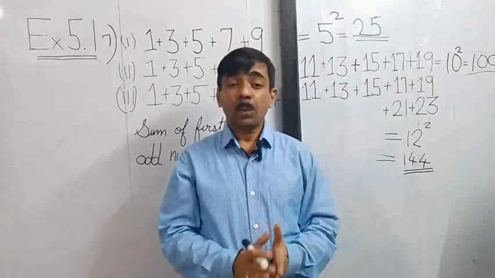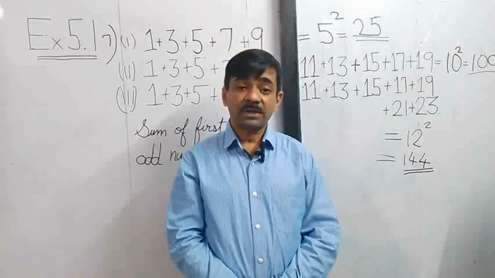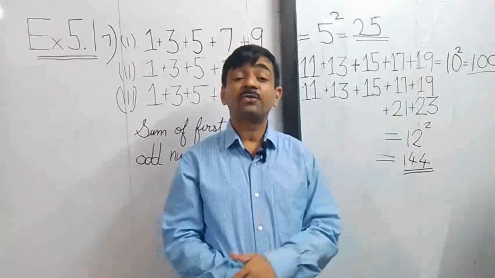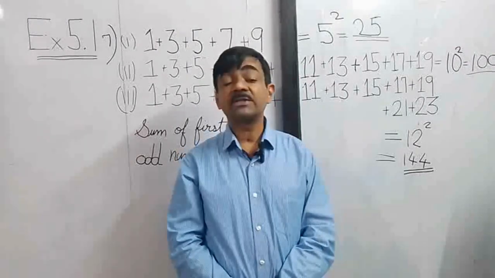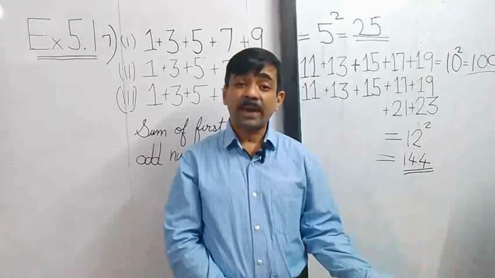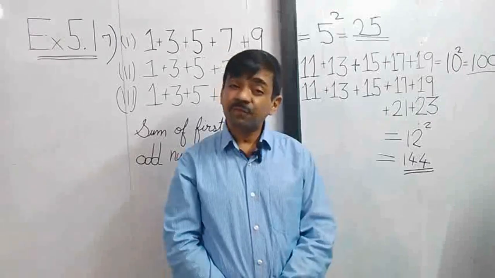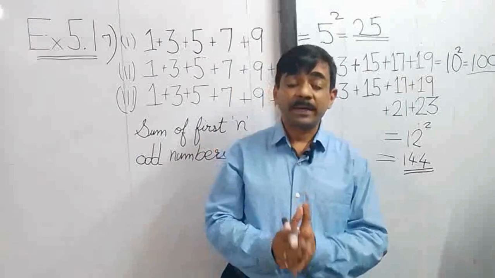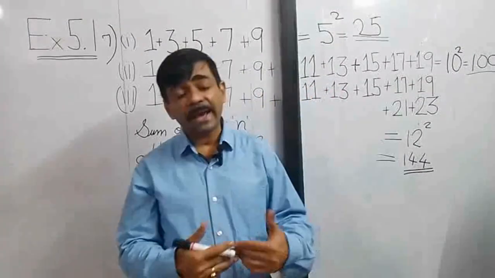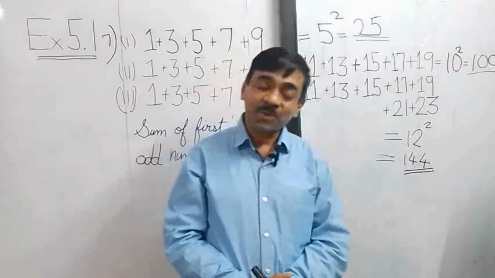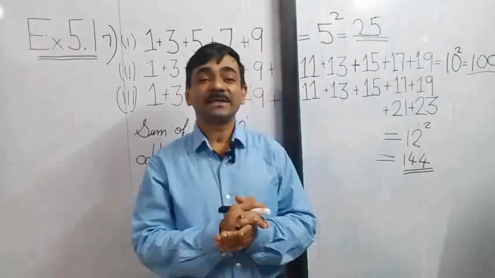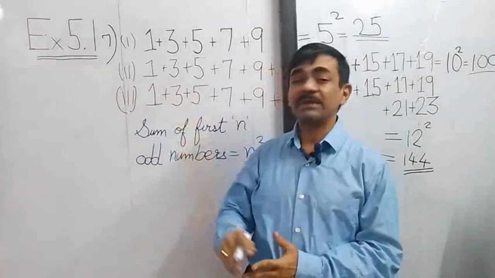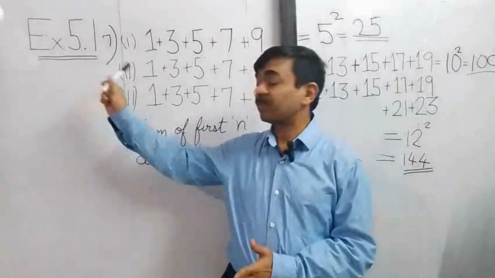If we say we have the first 20 odd numbers, the sum of those first 20 odd numbers would be 20 squared, which is nothing but 400. So long, so forth. As we go ahead, we can proceed in the same manner for n number of odd numbers. So my dear friends, this was the summation of the first 7 questions of the exercise 5.1.